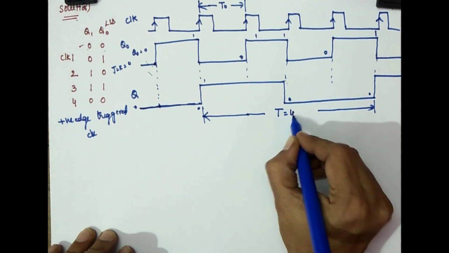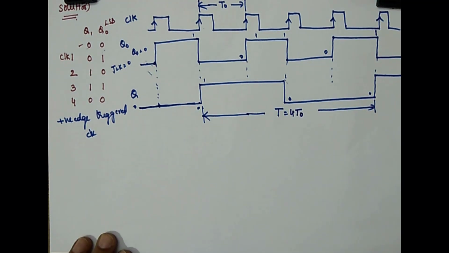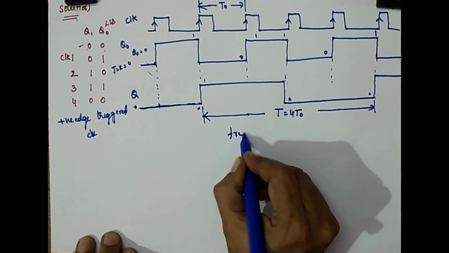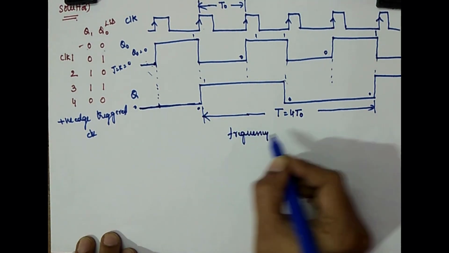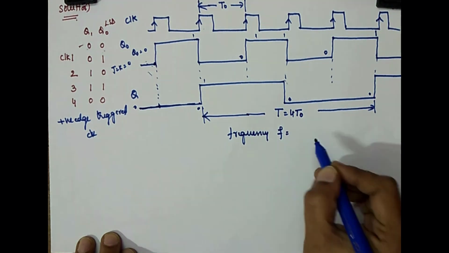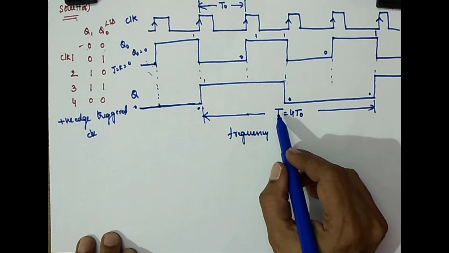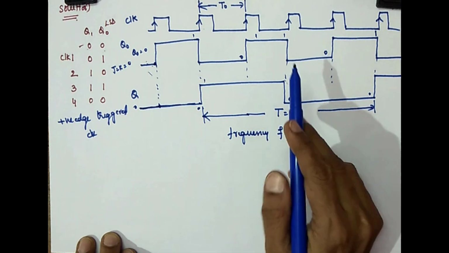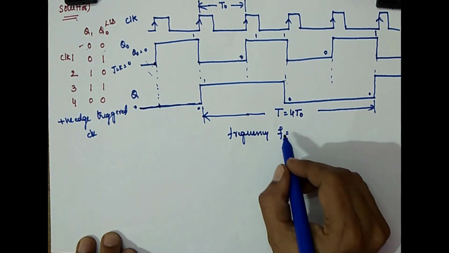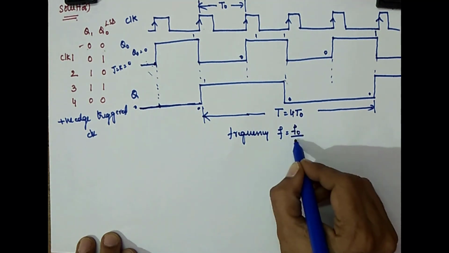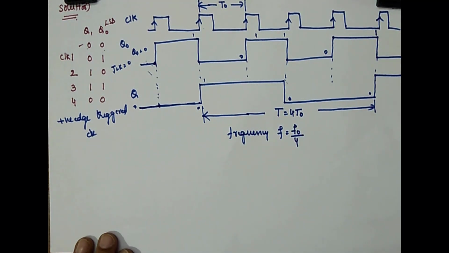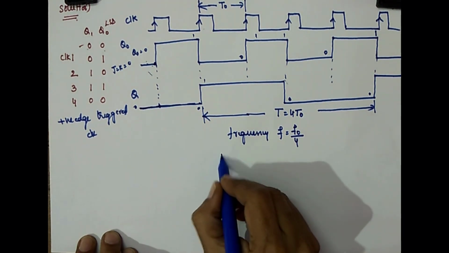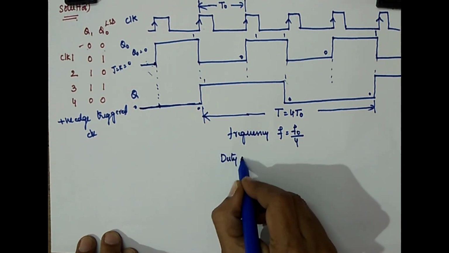Hence it is 4T0. Then what is the frequency? The frequency F of the output: as the time period is 4 times the clock period, the frequency is F0 by 4, as time and frequency are inversely proportional.